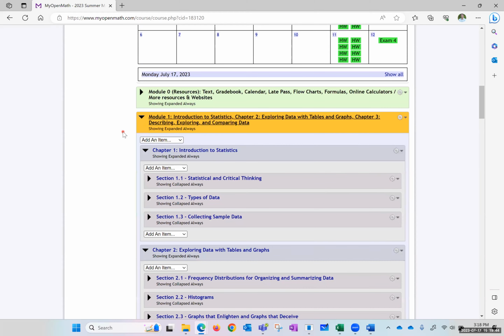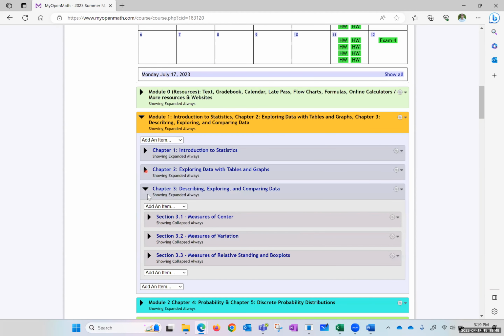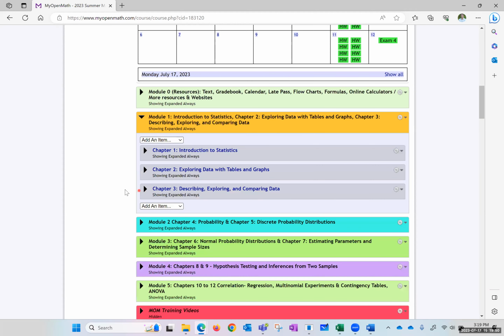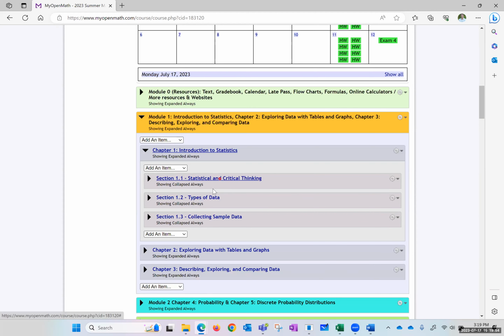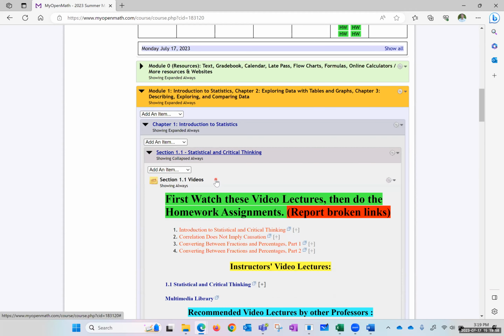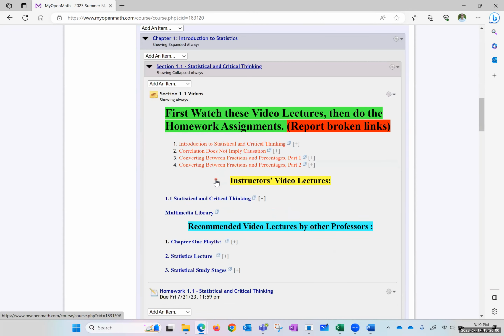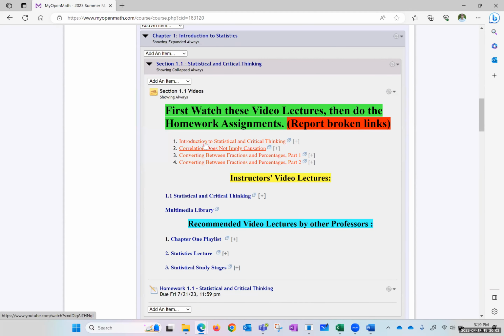So when you click on the first module, what do you find? Chapter 1, just 2 and 3. If you click on chapter 1, you see the section 1.1, 1.2, 1.3. For example, if I click on 1.1, if you watch these videos, class, you probably don't even need to open the text or watch even my PowerPoints recorded portion of it.